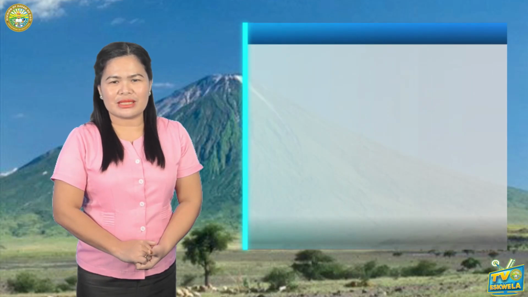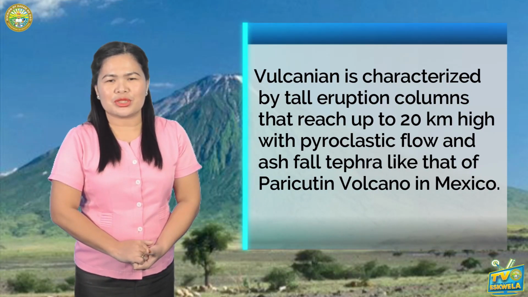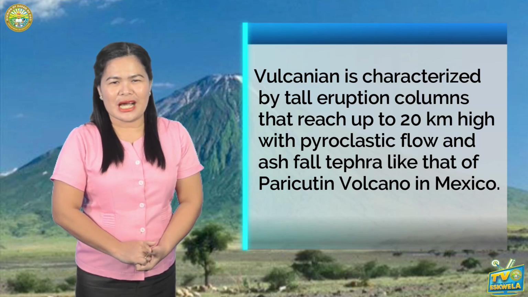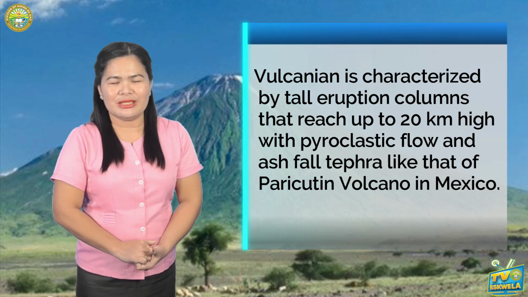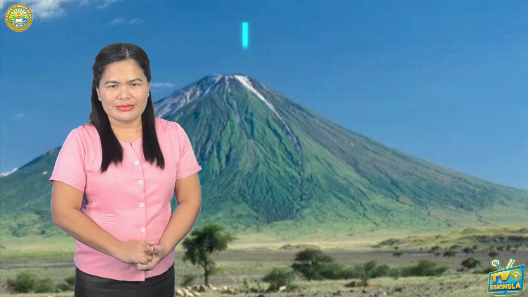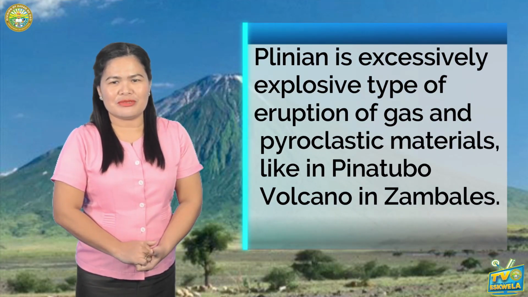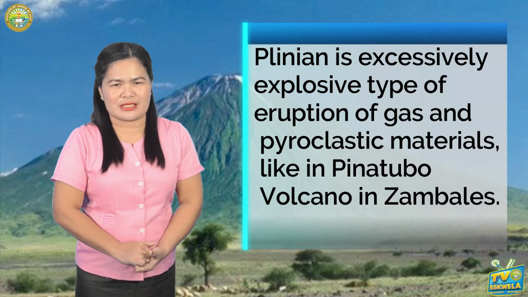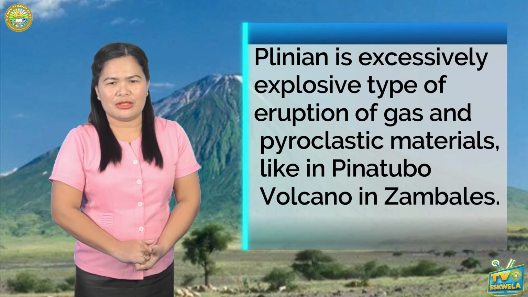Vulcanian is characterized by tall eruption columns that reach up to 20 kilometers high with pyroclastic flow and ashfall tephra, like that of Paricutin volcano in Mexico. Plinian is an excessively explosive type of eruption of gas and pyroclastic materials, like in Pinatubo volcano in Zambales.